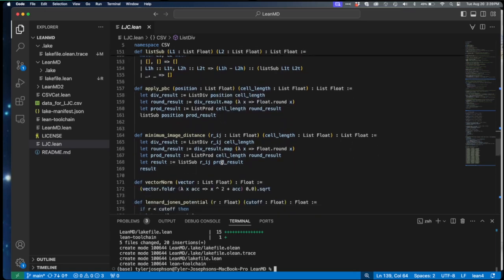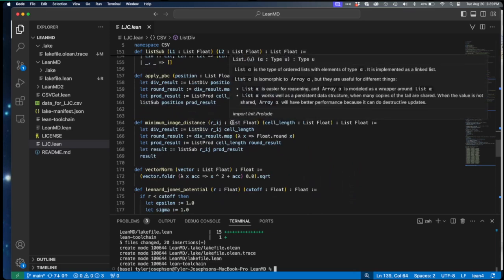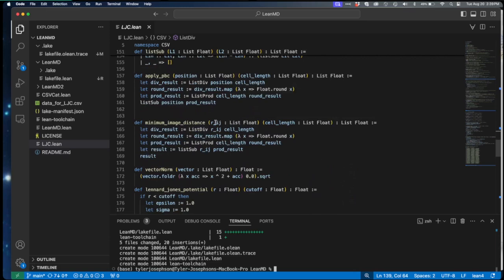Then we can do the minimum image distance. So the minimum image distance takes in the position vector, a list of two particles, the distance vector. It gives you the cell length, and it will return what is the minimum image distance.